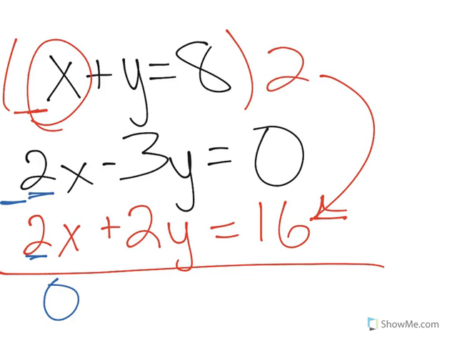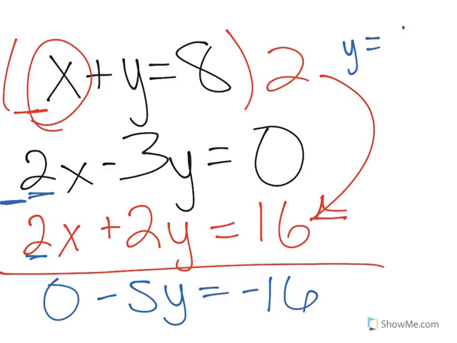We eliminated successfully. Negative 3y minus, remember the subtraction, 2y is negative 5y, and 0 minus 16 is negative 16. So now we find that y is 16 over 5, dividing both sides by negative 5.